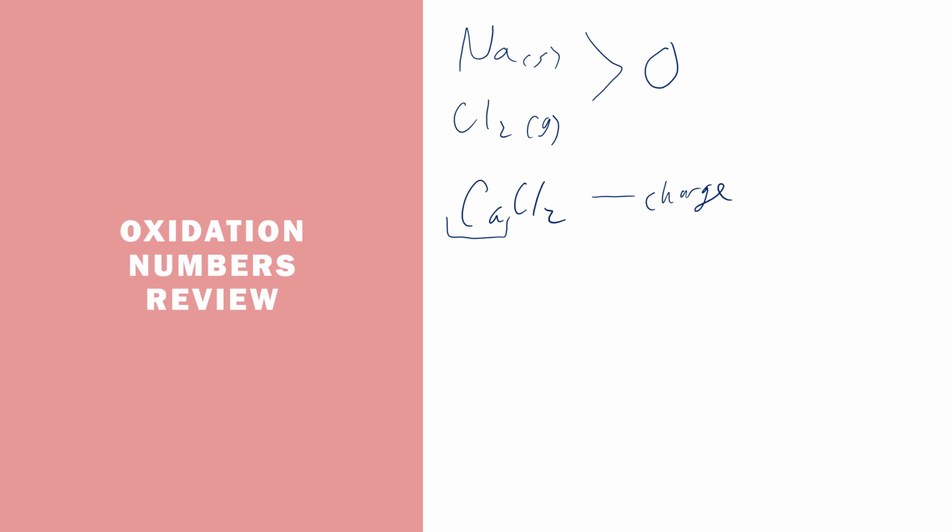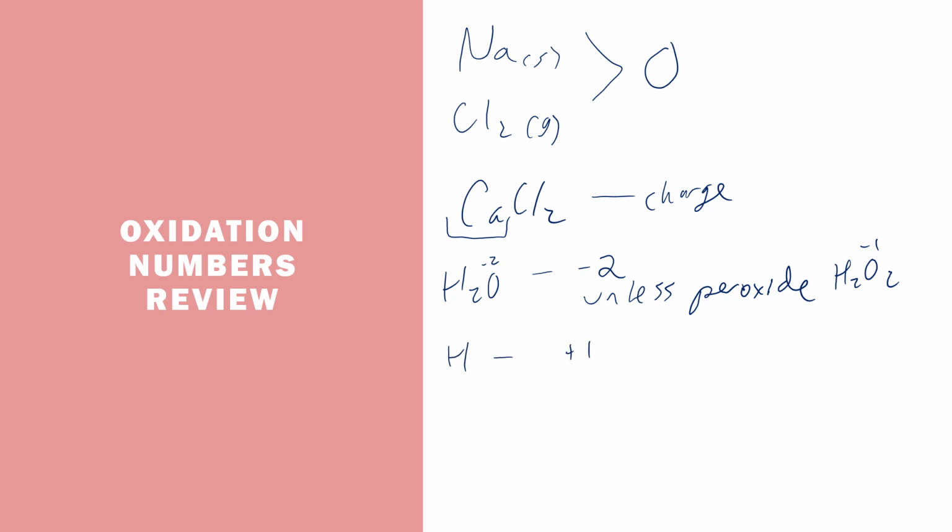Then we would look at oxygen in compounds. Oxygen in a compound will be -2 unless it's a peroxide. An example of that would be water: the oxygen in that water molecule has an oxidation number of -2. In a peroxide like hydrogen peroxide, it's -1. Hydrogen in compounds is always +1.